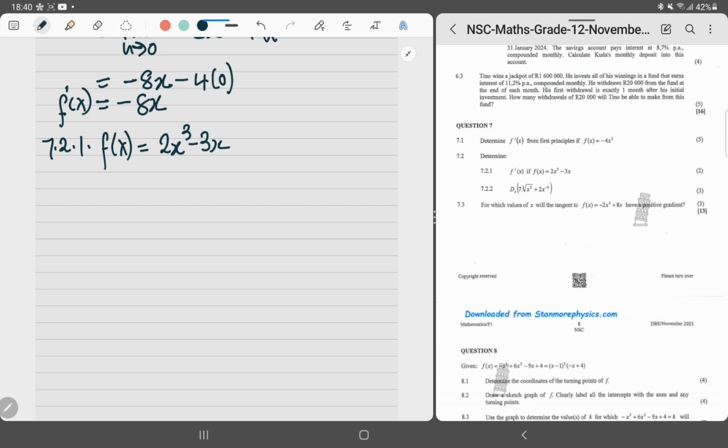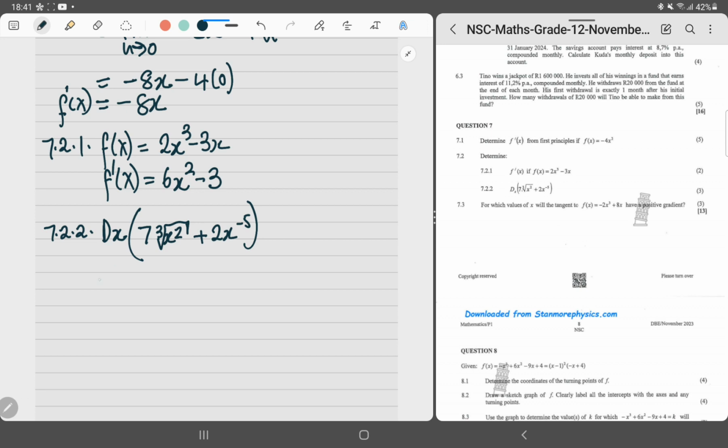So they want us to find f prime. F prime should be equal to 6x squared minus 3, plus 2x squared minus 5.